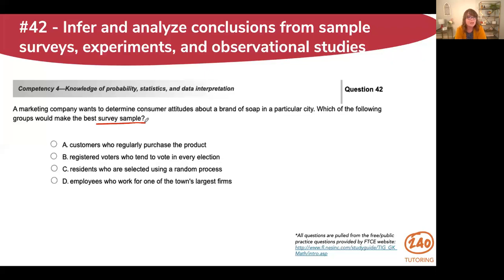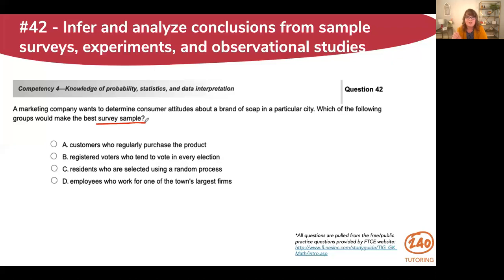A says, customers who regularly purchase the product. Okay, so what's tricky about this is we want a sample. If we just pick people who buy this product regularly, we are getting too specific.